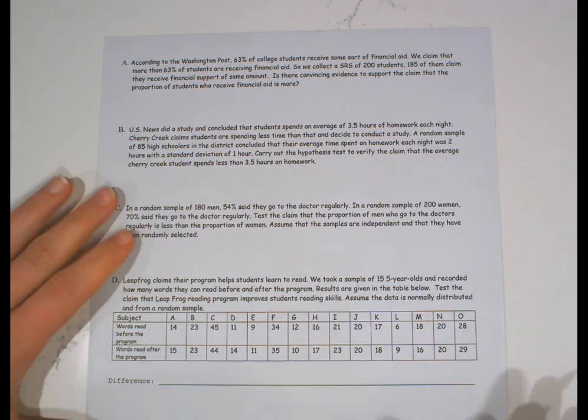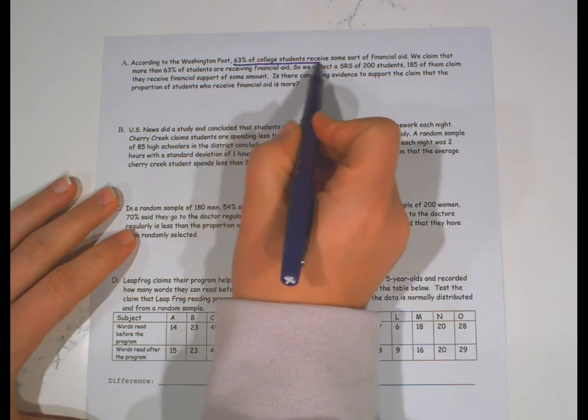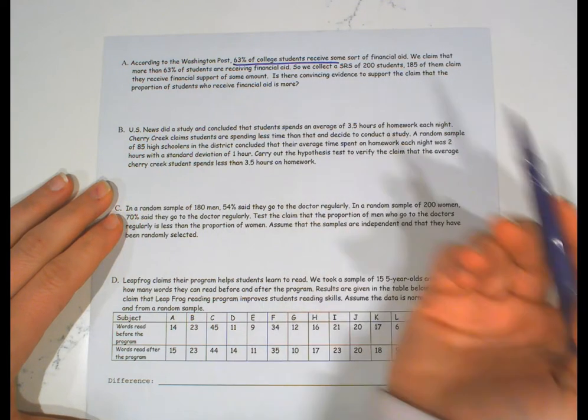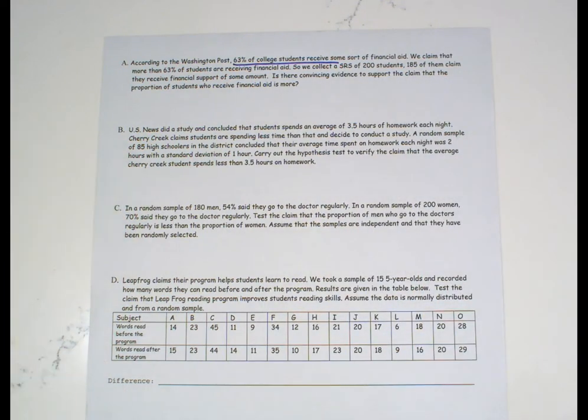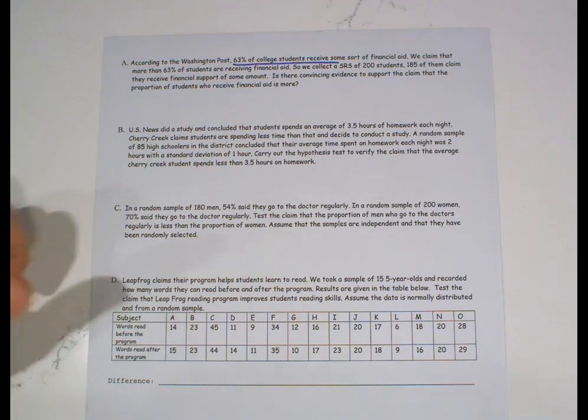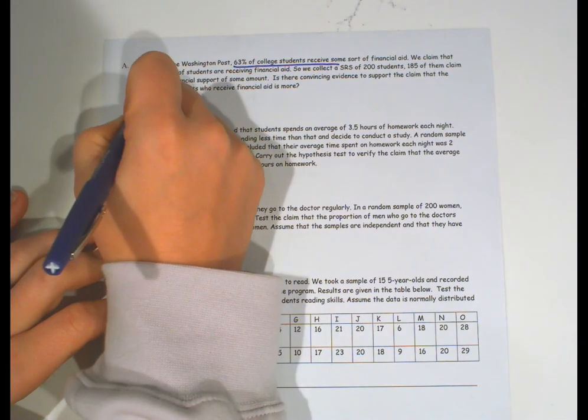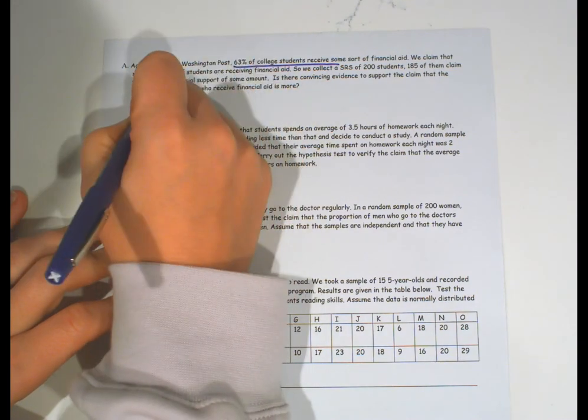So according to the Washington Post, 63% of college students receive some sort of financial aid. We claim that more than 63% are receiving financial aid, so we collect a simple random sample. Is there evidence to support the claim that more kids receive financial aid? So the original proportion, or P naught, is that 63%.